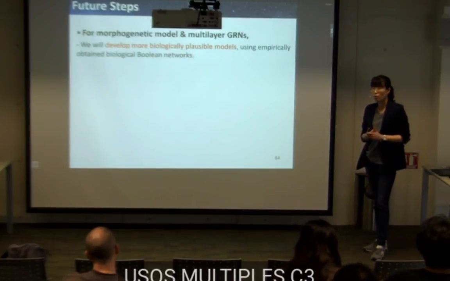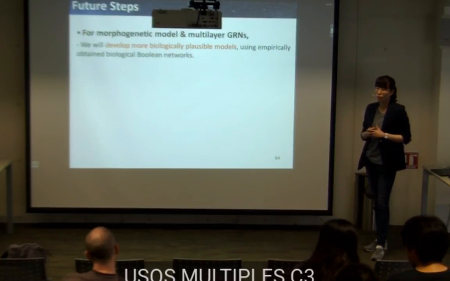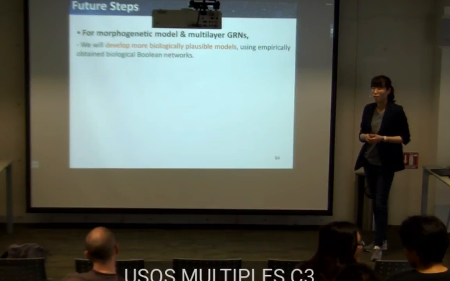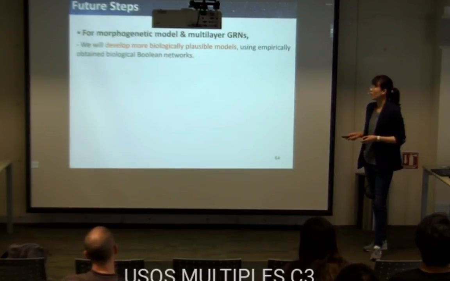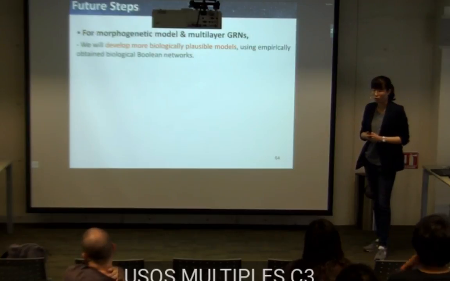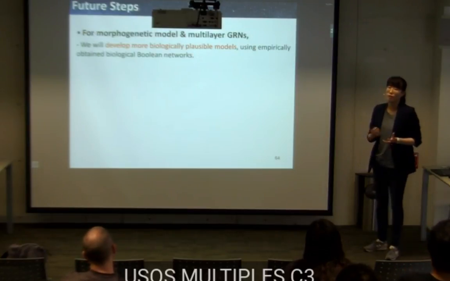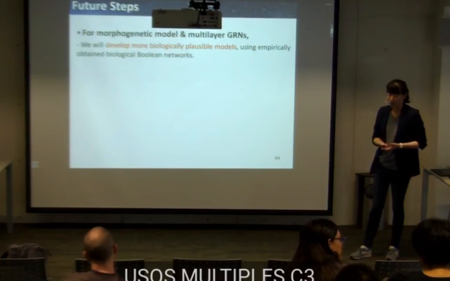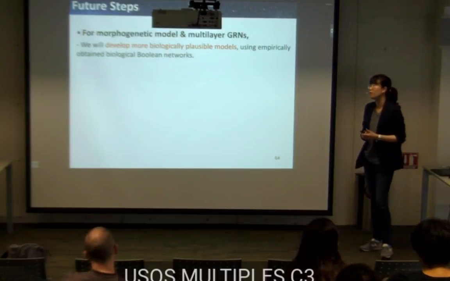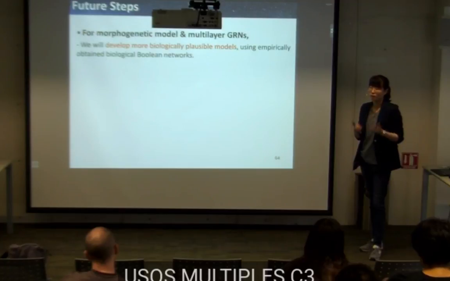Then we could explore the relationship between the properties of the metabolic Boolean network of a cancer cell and morphologies of cancerous cells. And for multi-layer GRNs, we could use the Drosophila segment polarity network. Then we can investigate the robustness and evolvability of the segment polarity networks in real biological systems.